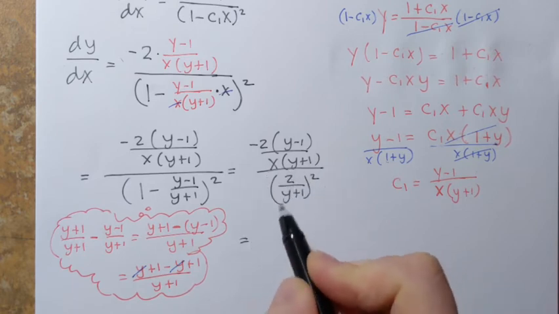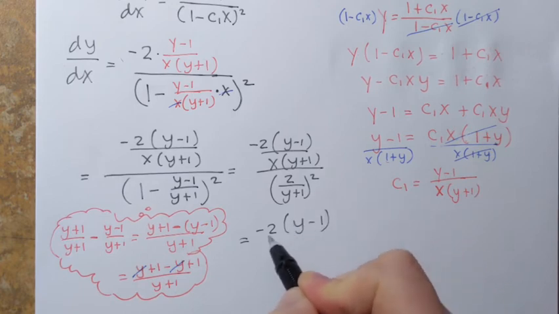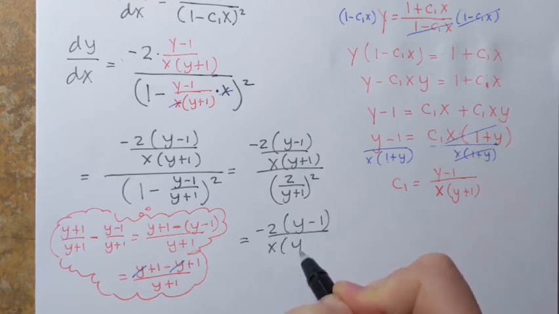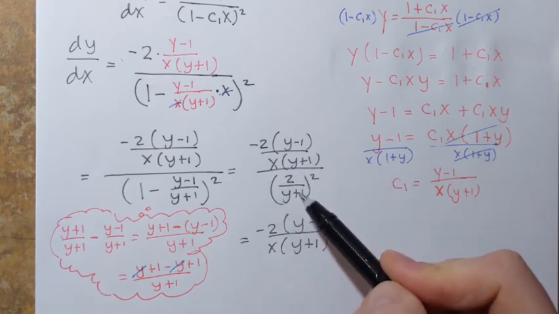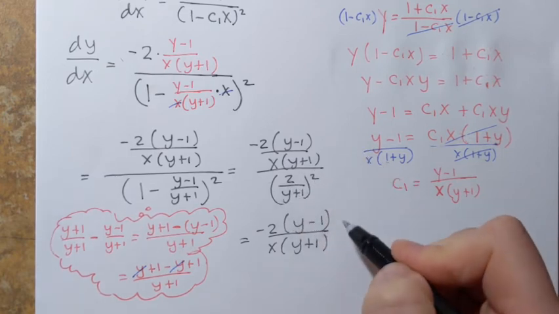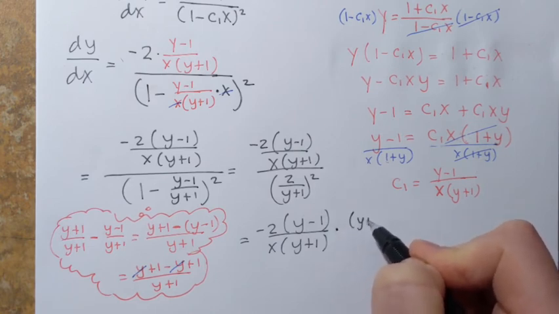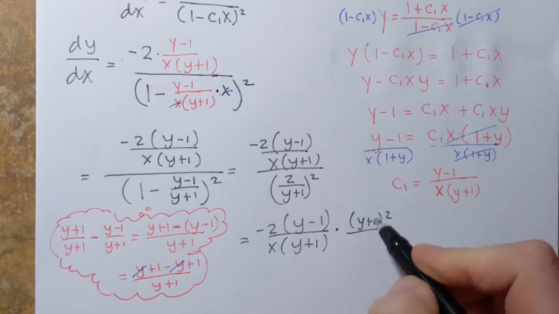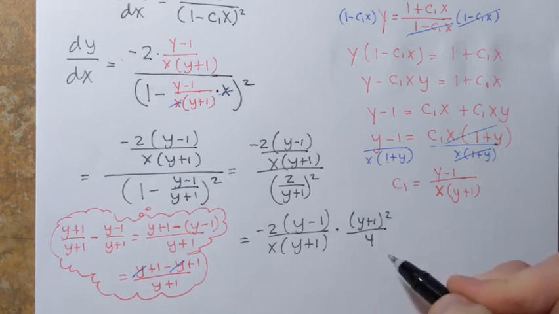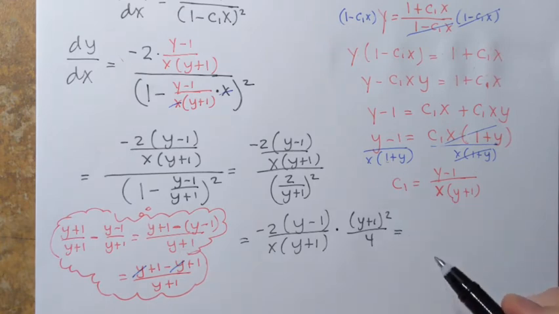So we're going to take the numerator, -2 times (y minus 1) over (x times (y plus 1)), and we are dividing by this denominator. But remember, division is the same as multiplication by the reciprocal. So the reciprocal will be (y plus 1) squared over 4, like that. And let's see what happens.